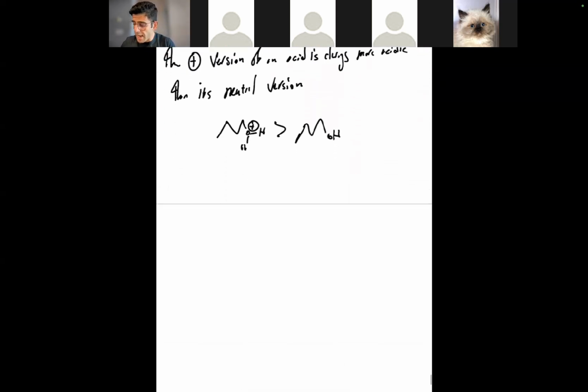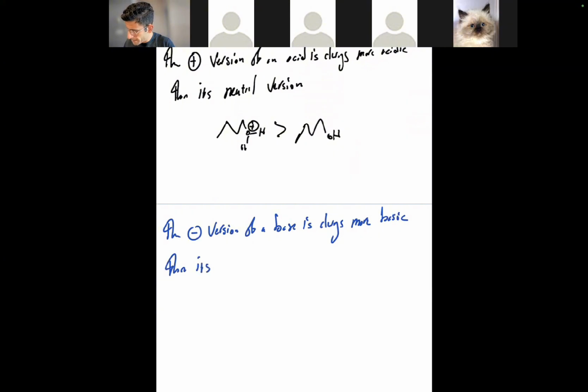And the same thing applies to bases: the negative version of a base is always more basic than its neutral version.